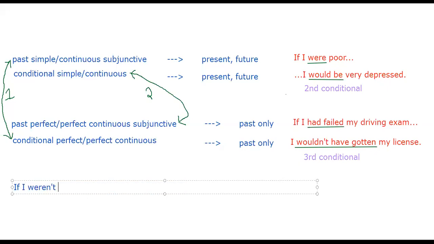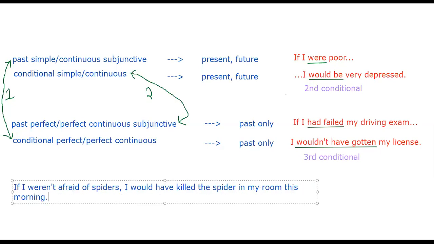If I weren't afraid of spiders, I would have killed the spider in my room this morning. Okay, so here we have weren't afraid. So this is a present situation. If I weren't afraid of spiders, because I am afraid of spiders, but if I weren't, I would have killed the spider in my room this morning. So I didn't kill a spider this morning because I was afraid of spiders, but I would have killed it if I weren't afraid of spiders.